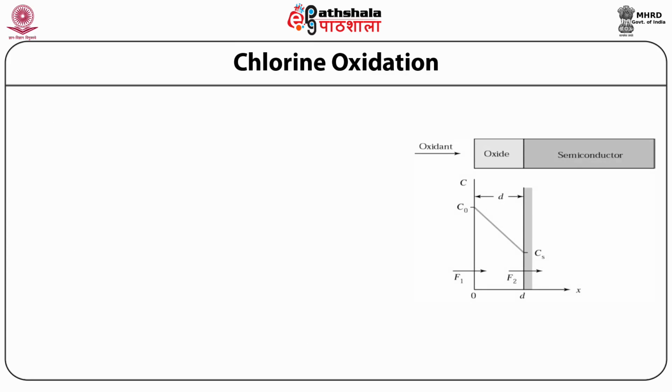So students, let us now discuss a theoretical model for thermal oxidation of a silicon wafer. And the model is the Deal-Grove model, which is used to understand the formation of silicon oxide thin film over the surface of the silicon wafer.